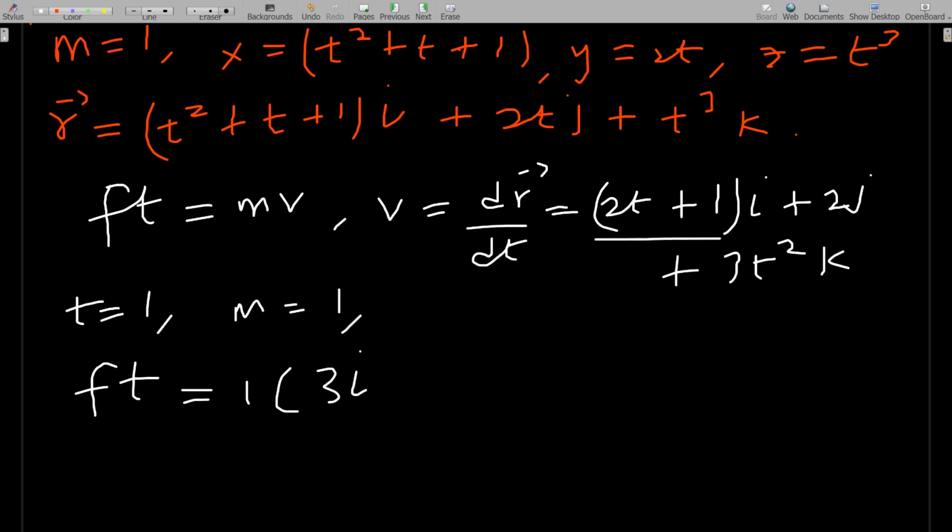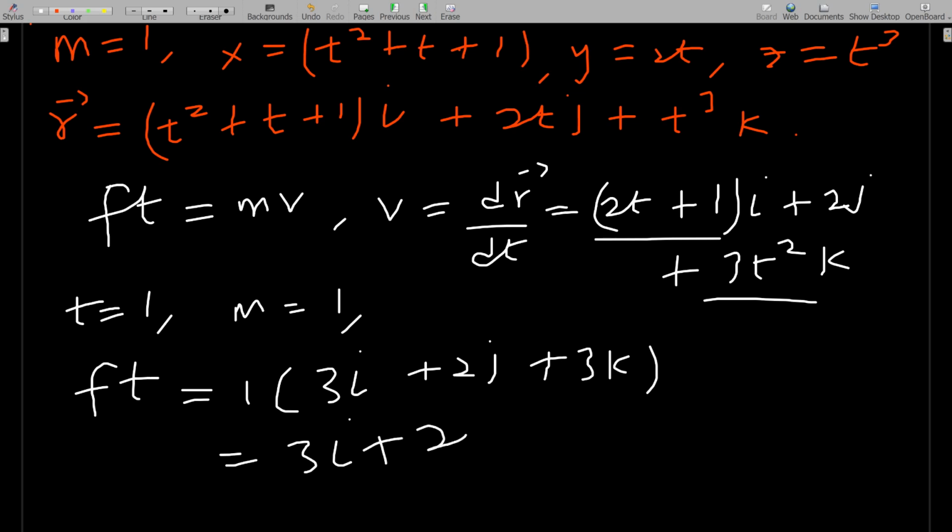And when I evaluate this one too, as there's no t there, I have 2j. Then here will give me plus 3k. So this is your impulse. Very simple like that: 1 times that, and it's the same thing, 3i plus 2j plus 3k. And now the next question is, you find the work done. The question is, what is work done?